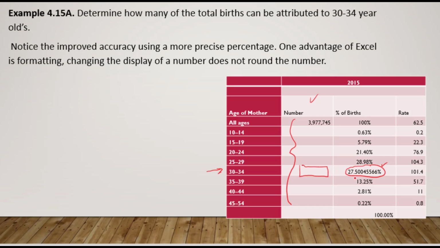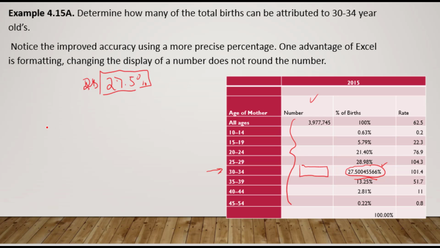Even though you don't see them, they're still there. They don't disappear. So with Excel, you might display that as 27.5%. That's how you display it, but it's really not rounding because in Excel it keeps all these digits down here hidden but still there. But for the purposes of what we're doing, I'll use 27.5%.